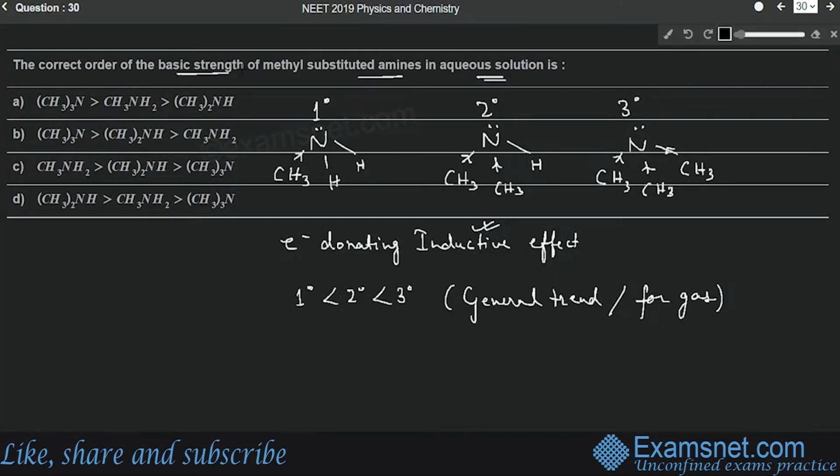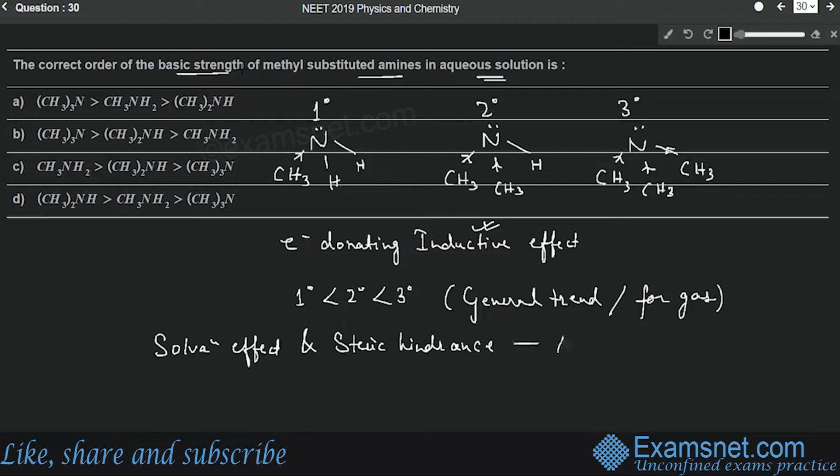But in case of aqueous solution that is mentioned in the question, there are other effects that will be applicable. For example, solvation effect and steric hindrance. So these effects are also applicable in case of aqueous solution.